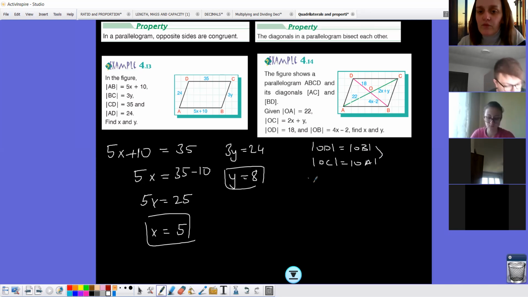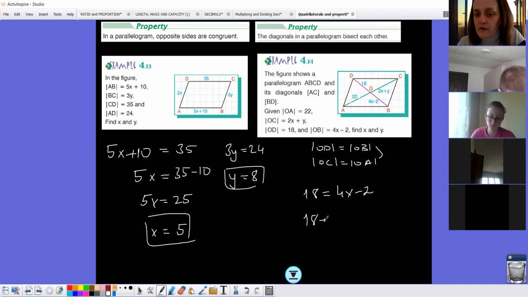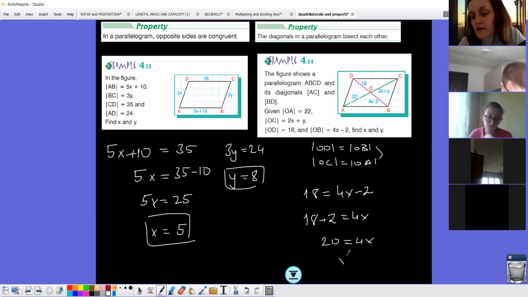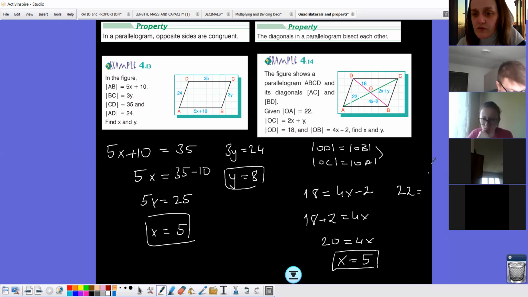Then from here, I will write that 18 is equal to 4x minus 2. So 20 is equal to 4x, then x is equal to 5. From OC equal to OA, we find that 22 is equal to 2x plus y.